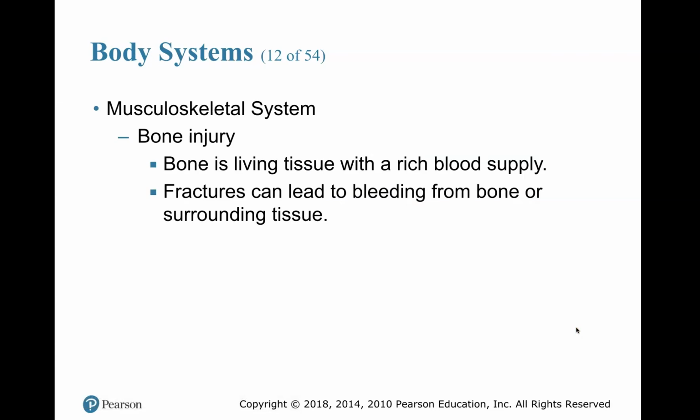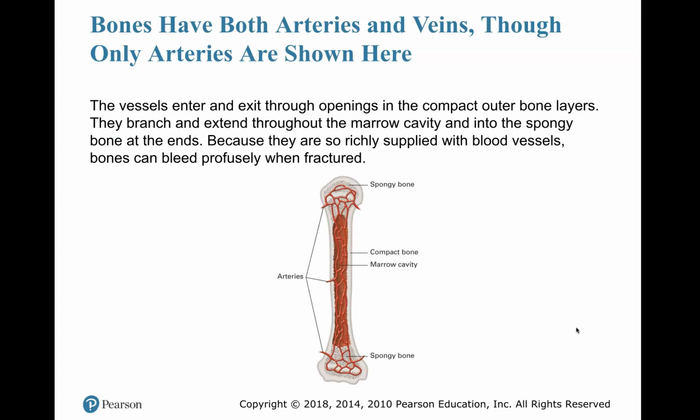Bone injury. Bone is living tissue with a rich blood supply. Fractures can lead to bleeding from bone or surrounding tissue. Bones have both arteries and veins, though only arteries are shown here. The vessels enter and exit through openings in the compact outer bone layers.